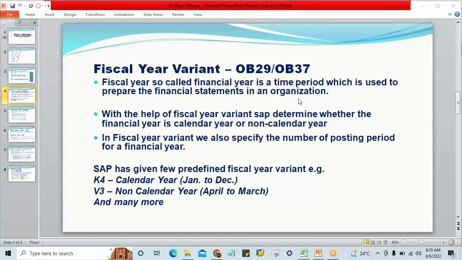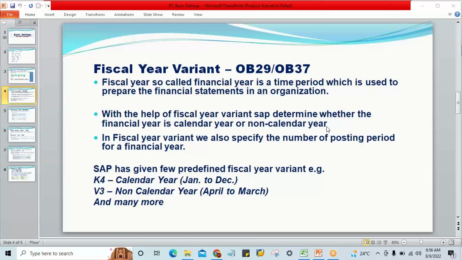The financial statement is prepared for a particular financial year. Now, with the help of the fiscal year variant, SAP determines whether the financial year is a calendar year or a non-calendar year.